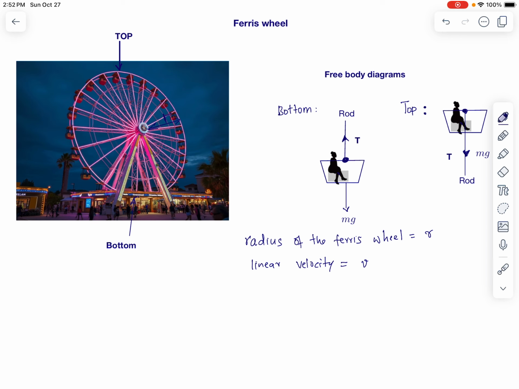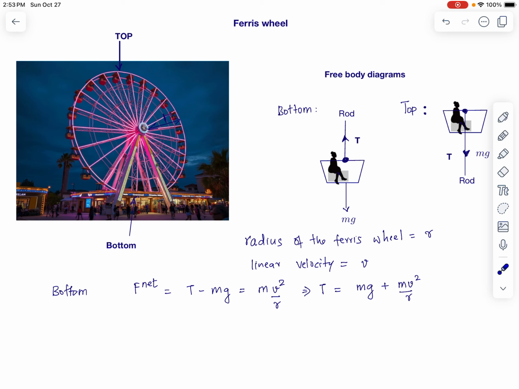If we write Newton's force balance, we find that the net force here equals T minus mg, and that's the force acting towards the center of the Ferris wheel. The force acting towards the center of a wheel is nothing but the centripetal force, so that equals mv squared over r. So in this particular case, T equals mg plus mv squared over r.